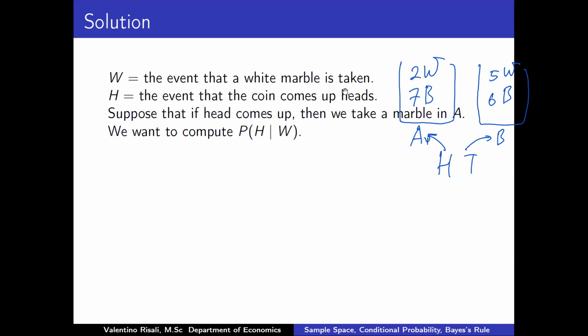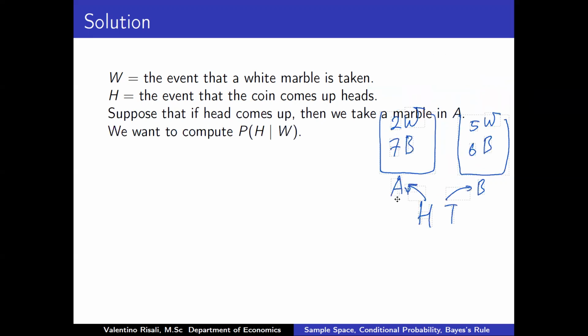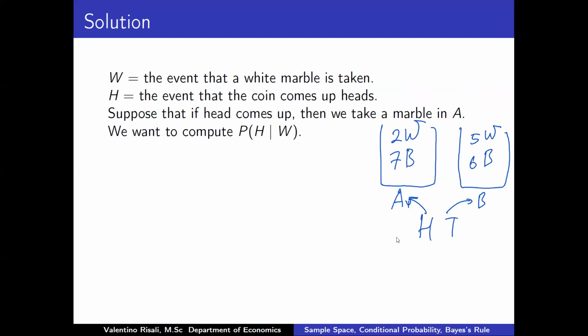From the information of our problem, we can't directly compute this value, because we only know that if the coin shows head, we go to urn A, and otherwise if it comes up tail, we go to the second urn.